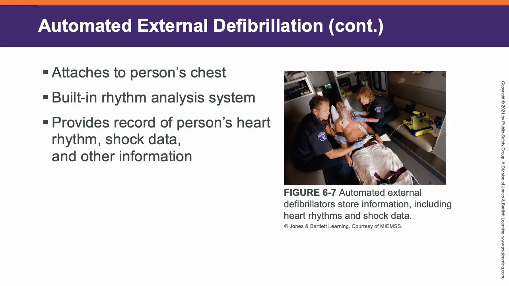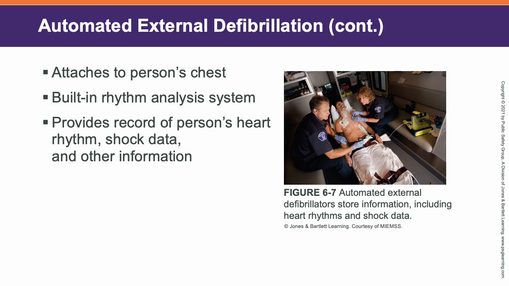Okay, so an AED attaches to a person's chest. This is what an AED looks like. It has cords that come out that you plug in, attaches to these pads that you attach to the person's chest. It has a built-in rhythm analysis, so the electricity comes out, goes through this pad, goes through your body, through your heart, back to this pad and back to the machine.